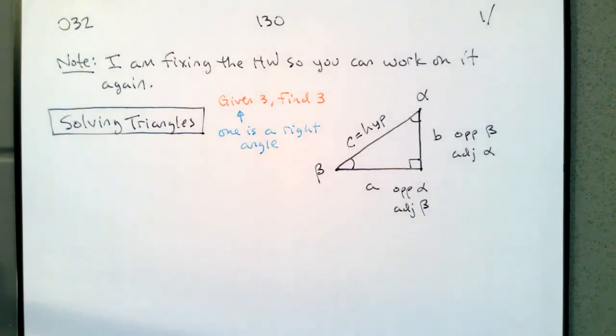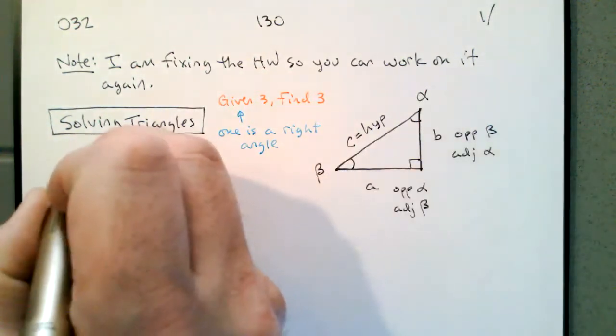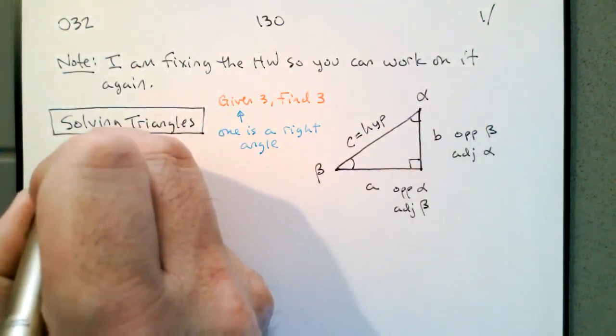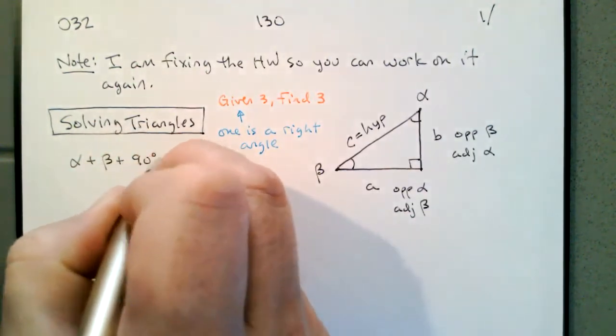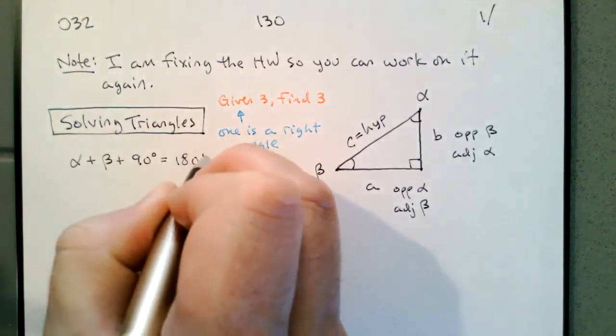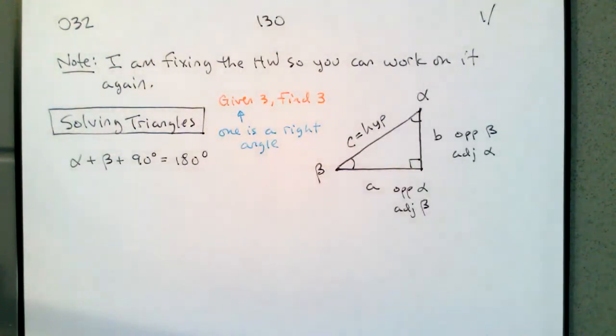that simplifies our toolbox and adds some things to it. We have that the sum of the angles in a triangle is 180 degrees. So alpha plus beta plus a 90-degree angle is 180 degrees, which we can simplify to that alpha and beta are complementary.